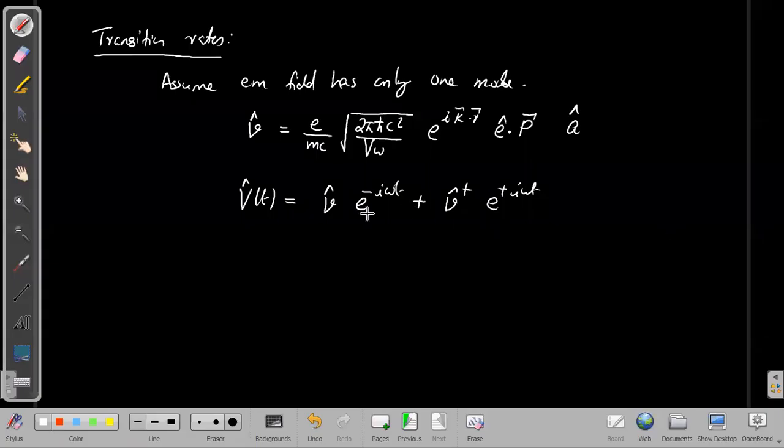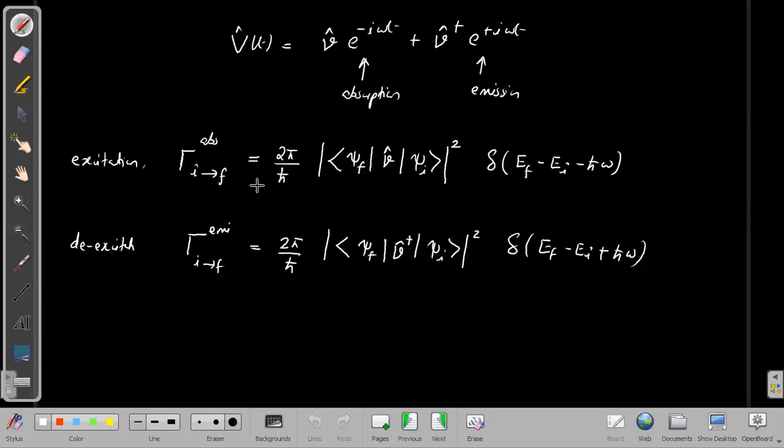Okay. Now another thing: earlier, while we were writing the transition probabilities, the transition rates, I referred to psi I and psi f, but now there are two systems, one is the atom and the other is the field. Therefore psi I is the tensor product of two states: psi I of the atom and Ni, where Ni represents the state of the field.